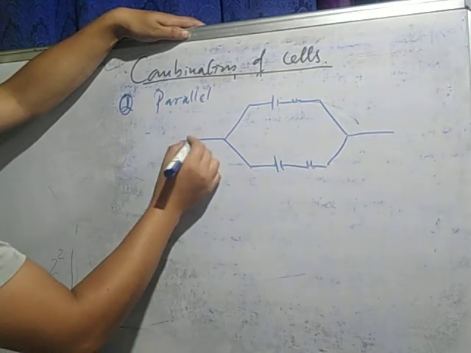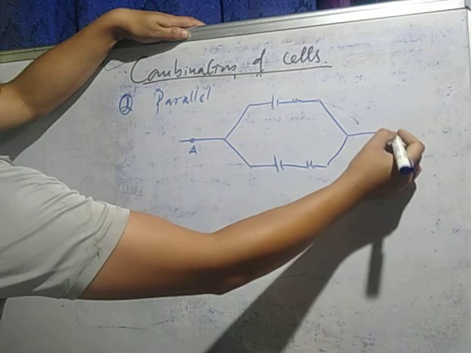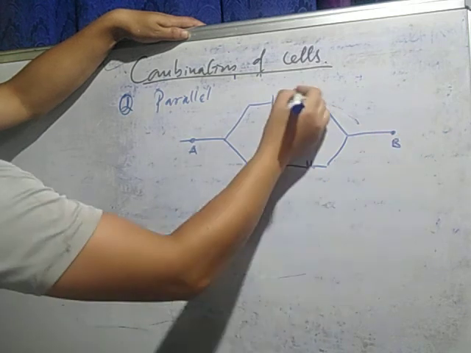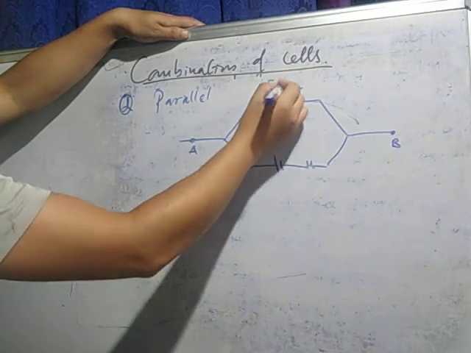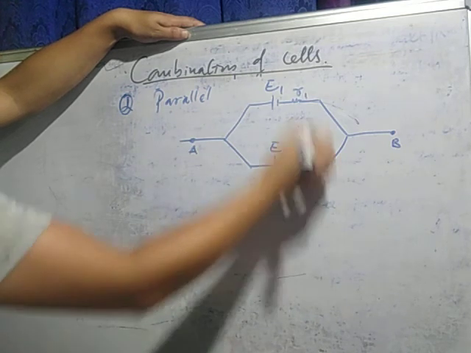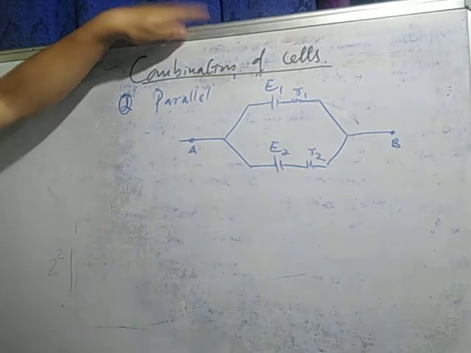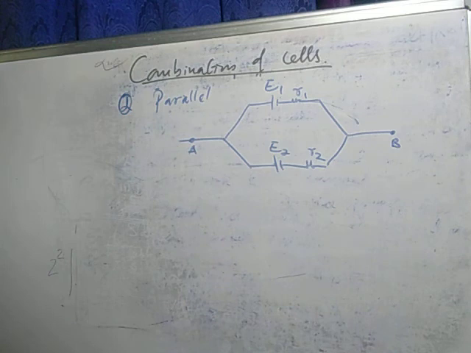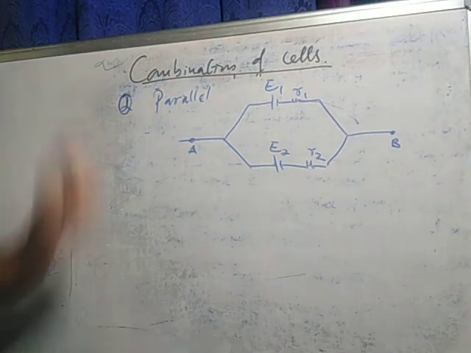So this is point A and this is point B. E1, E2. This is your R1, R2. Right. So this is given by how much?